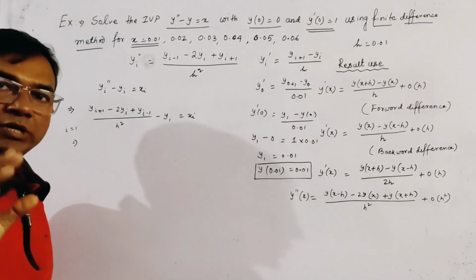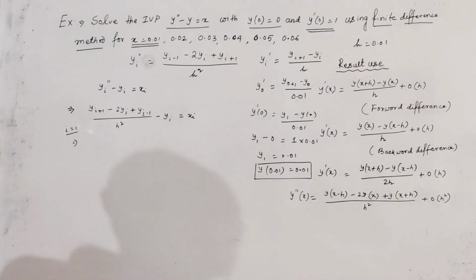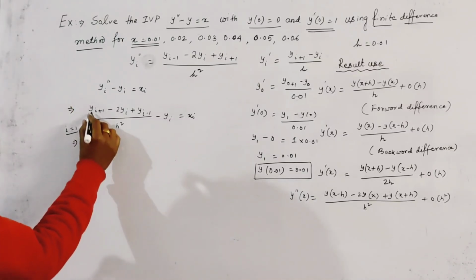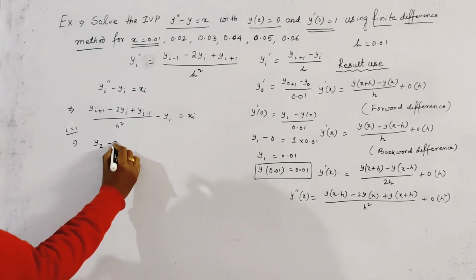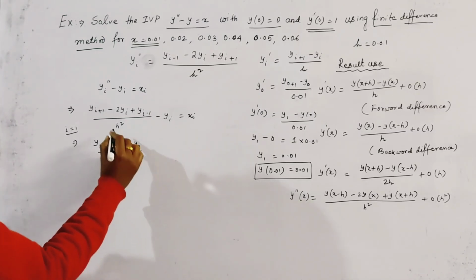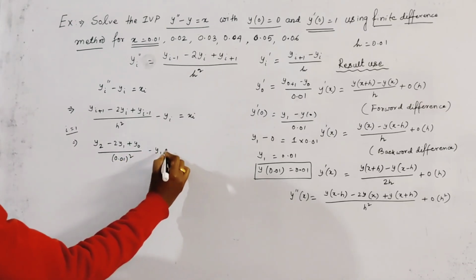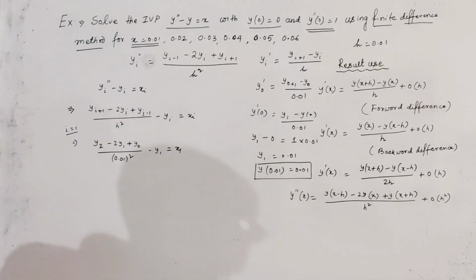Now here we put i equal to 1. So we get y2 minus 2 into y1 plus y0 by 0.01 whole square, minus y1, equal to x1.